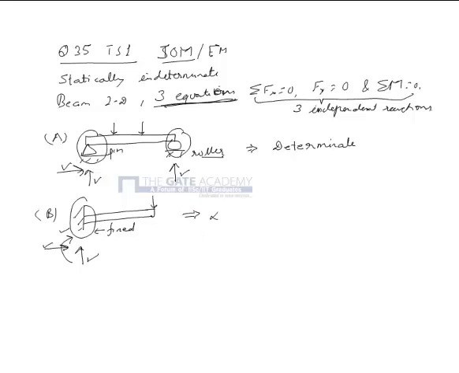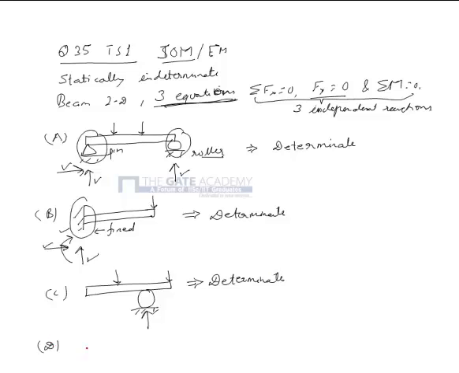So this is also determinate. Case C has a beam with only 1 roller support. This roller support will give only 1 vertical force reaction, and only 1 equation will be sufficient to solve it, and this is also a determinate beam.